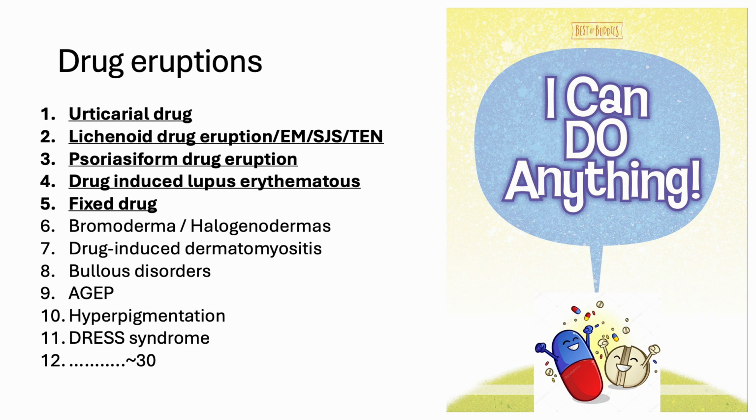And as the name implies, urticarial drug eruption resembles urticaria, lichenoid drug eruption resembles lichenoid dermatitis, psoriasiform drug eruption resembles psoriasis, and drug-induced lupus means this looks like lupus, but it is induced by a drug. So how can we tell them apart?